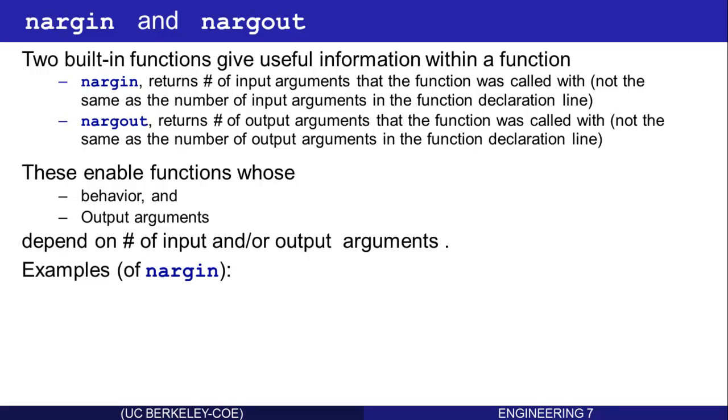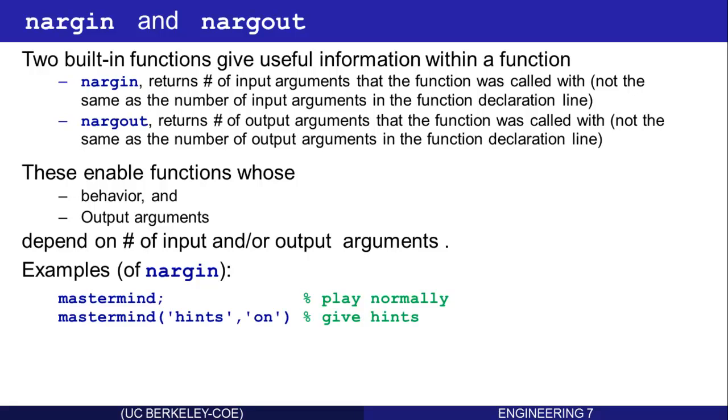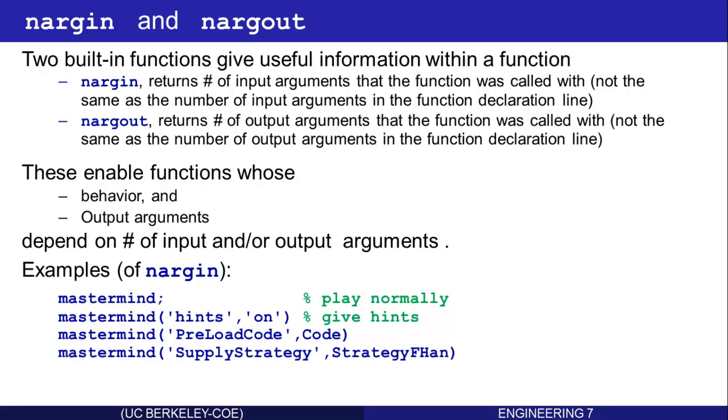Let's see some examples. With nargin, suppose we program a mastermind game, and to play it normally we simply call mastermind. But in order for the program to give us hints, we call it with the argument list hints on. Maybe to preload the secret code so that we can learn how to play more effectively, we call it like that.